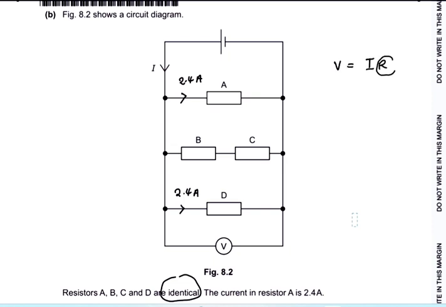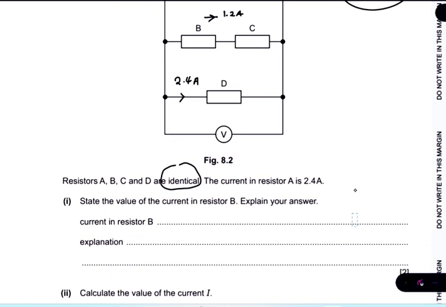If you double R, you halve the current, since I is equal to V over R. So the current passing through these two is 1.2 amps between them. Since they are connected in parallel, the voltage across A is the same as the voltage across B and C, and the voltage across D is the same as in A and in B and C.